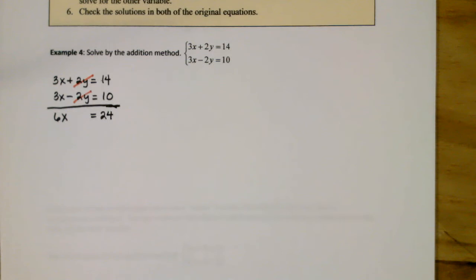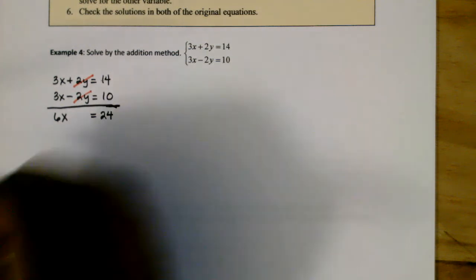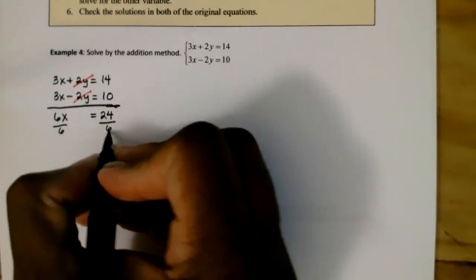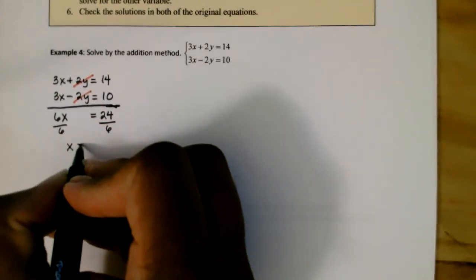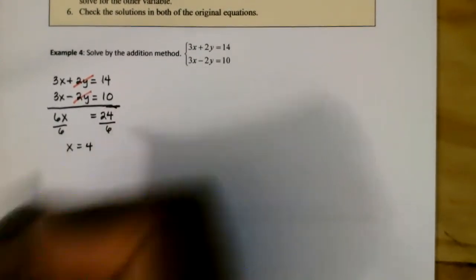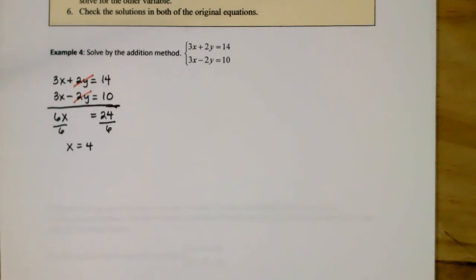And as you can see, we do have an equation in one variable. 6x equals 24. And from here, we can solve for x. We're multiplying x by 6, so I need to divide both sides by 6. So x is equal to 24 divided by 6, which is 4. So I know what x is. It's equal to 4. Now I need to find out what y is.